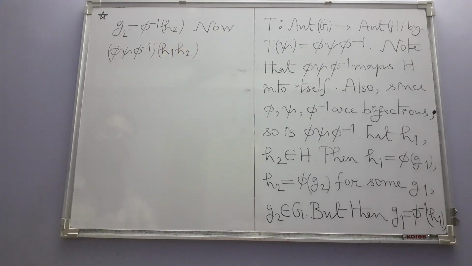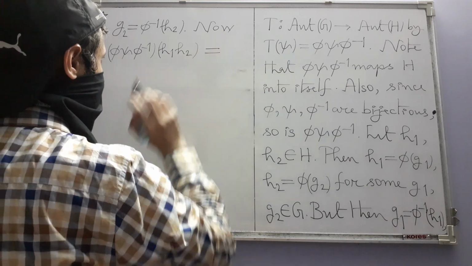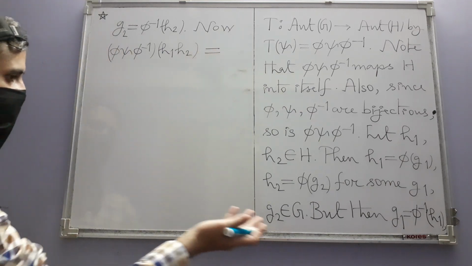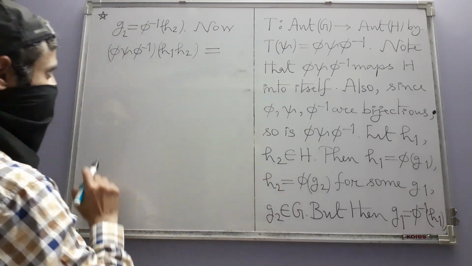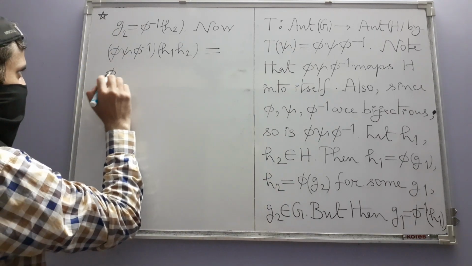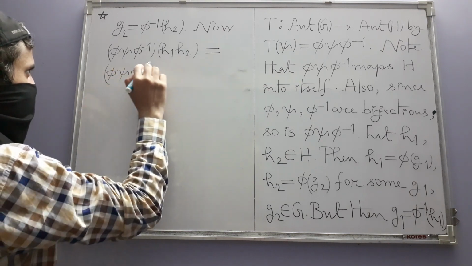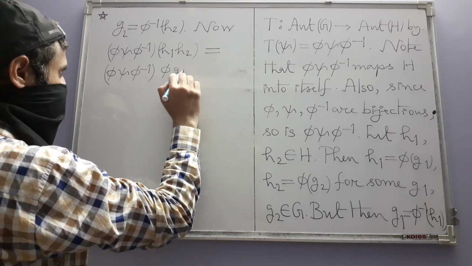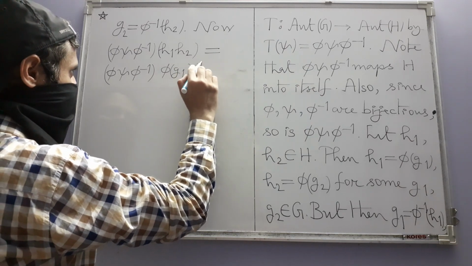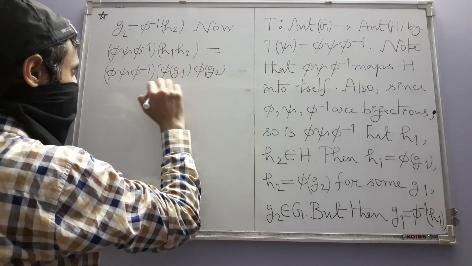Phi psi phi inverse of H1, H2 is equal to, so let's write what H1 and H2 are, what we have found here, phi psi phi inverse of phi of G1 times phi of G2.